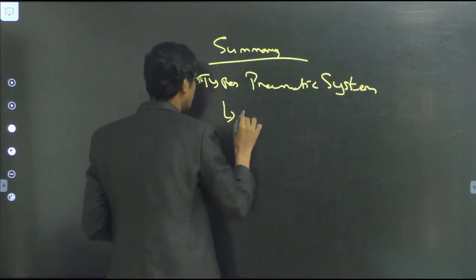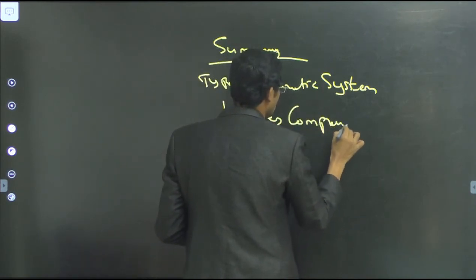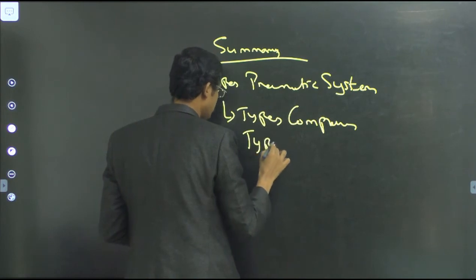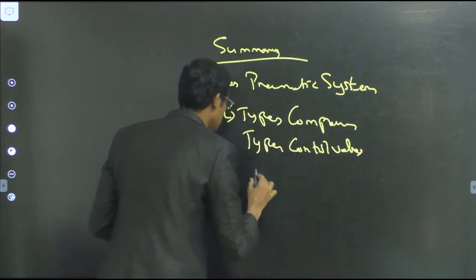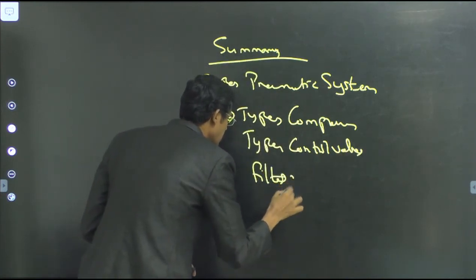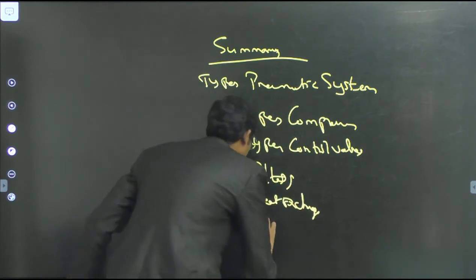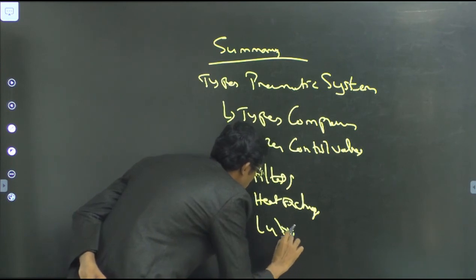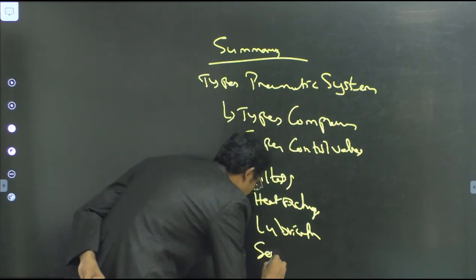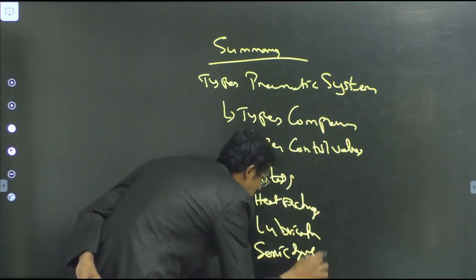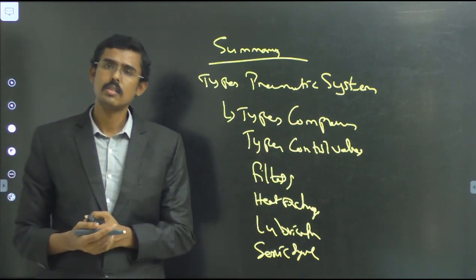In pneumatic systems, the types of compressors, the types of control valves, and also the filters, heat exchangers, the lubricators, and the service systems. So the connections we have seen. The remaining part of the subject we'll see in the next session.